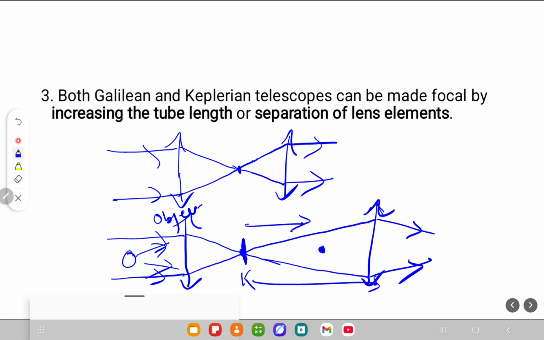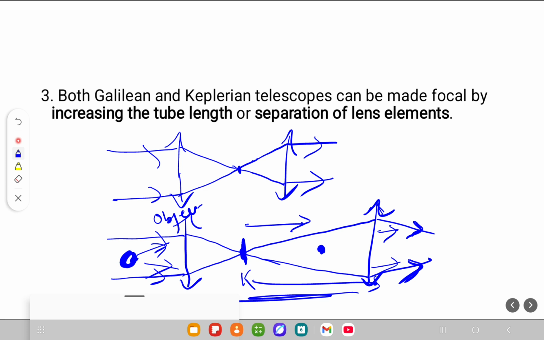That's why when you focus on the near object, this focal point shifts up to here, and parallel light comes out, and this parallel light is focused by our eyes. If the final end product is converging light, it will correct hyperopia too, isn't it?